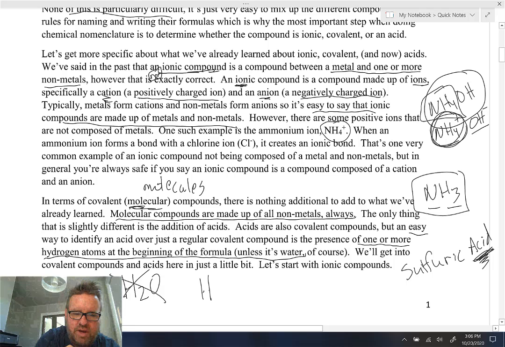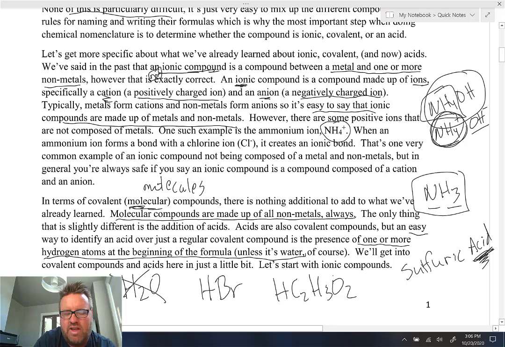For example, HBr is an acid. HC2H3O2. All the stuff that comes after the H, who cares? If it starts with an H, and it's not water, then we know that it is going to be an acid.